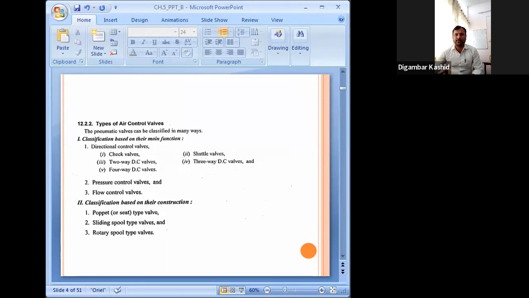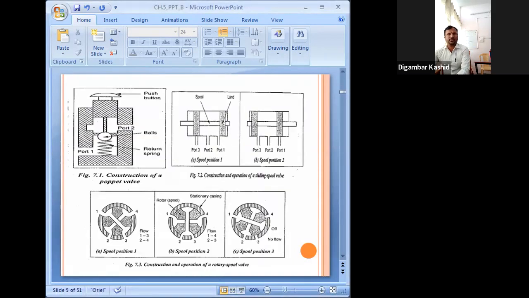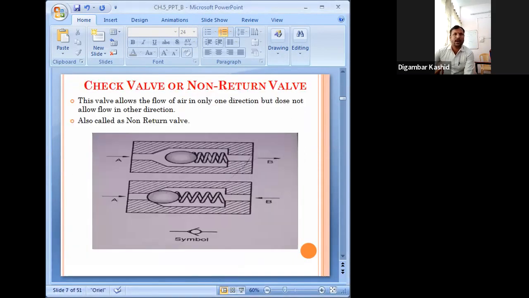Just quickly I will show the symbol. Let me check. Check valve. See, this is the standard symbol of the check valve. Getting it? From this direction, from port A to port B, fluid is allowed to flow.